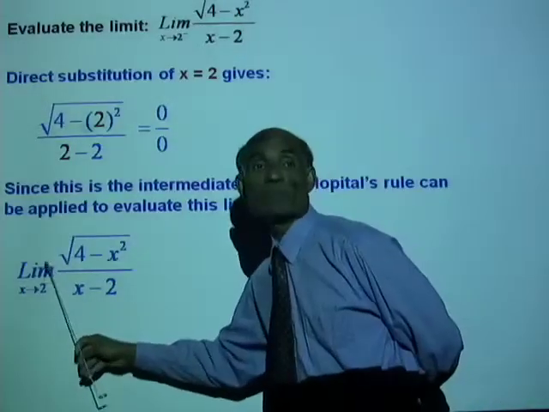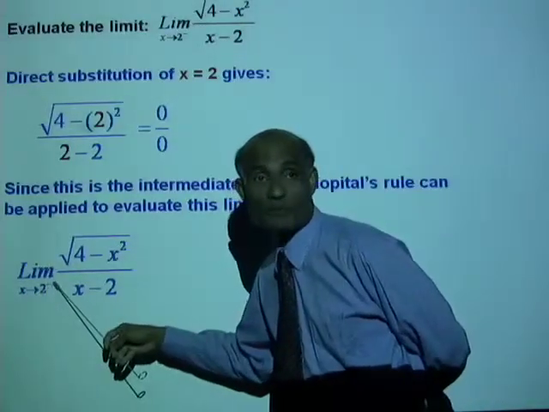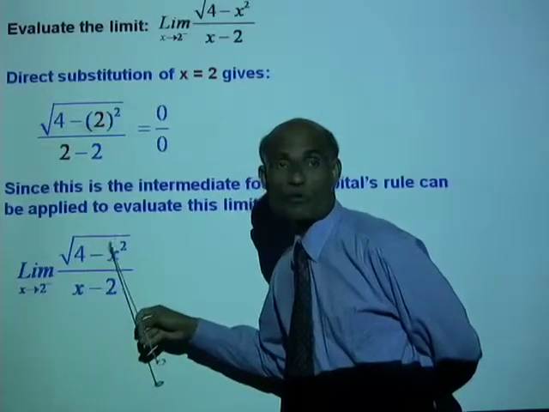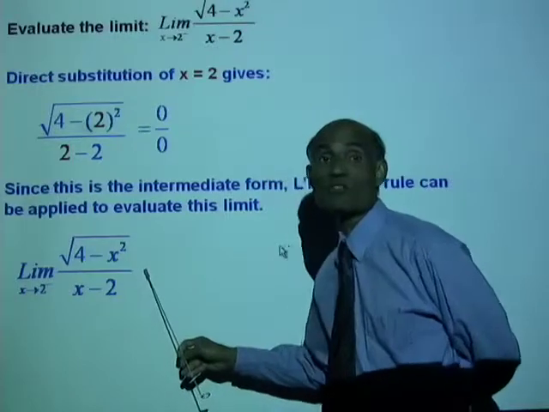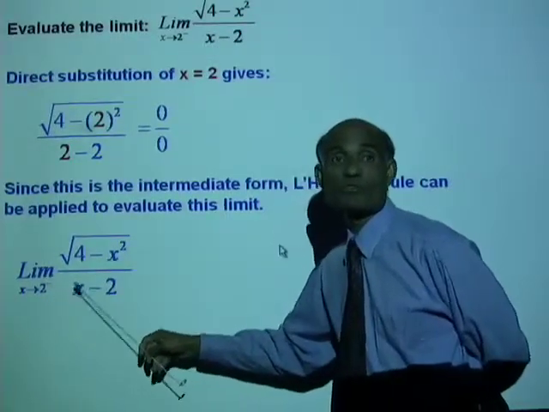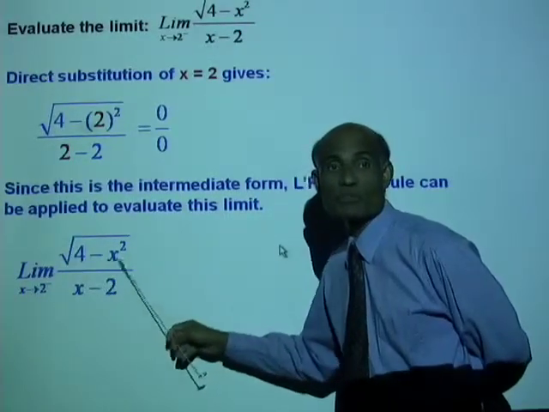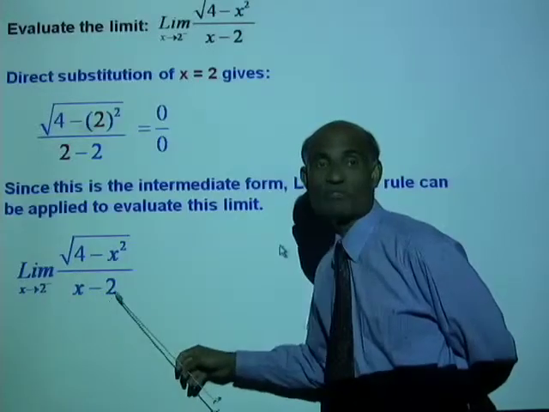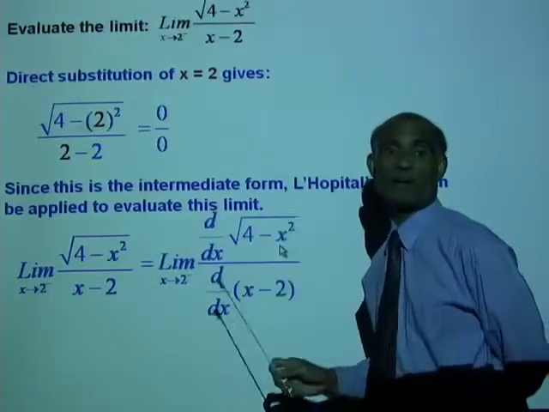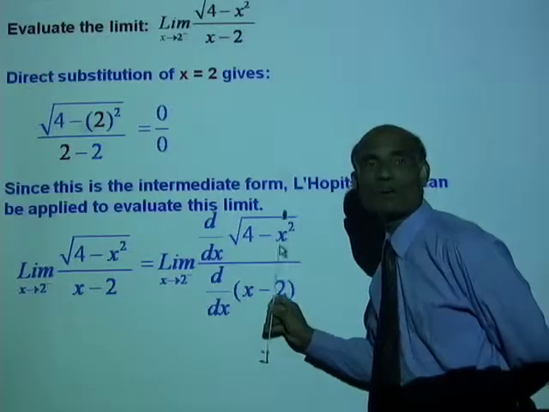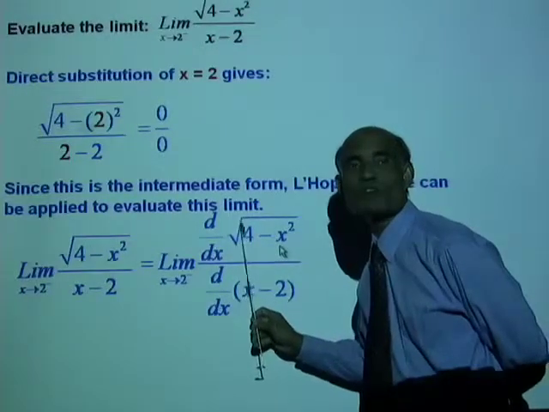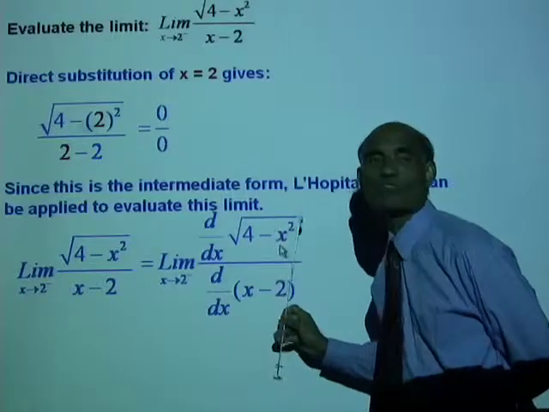So the limit as x approaches 2 from the left of the square root of 4 minus x squared over x minus 2 is the same as the limit as x approaches 2 from the left of the derivative of the numerator divided by the derivative of the denominator. Alright, let me see how many of you remember the derivative of the square root of 4 minus x squared.